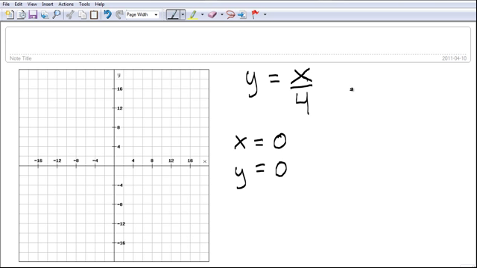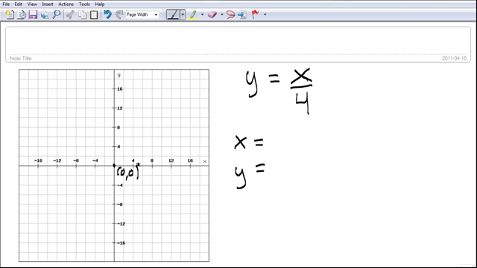So here's 1 point. Let's plot these points actually. So 0, 0. Let's find another point. Let's see here, 1 square is equal to 2.